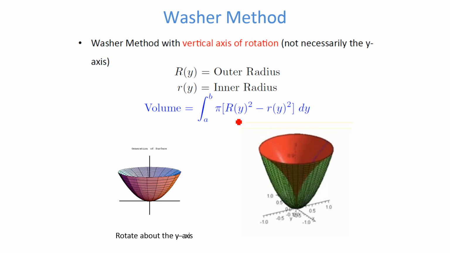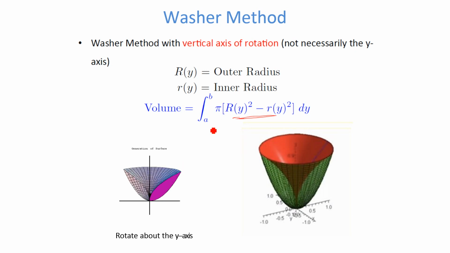In case of rotation about the y-axis, our radius is a function of y. So we have to find the greater radius and the lower radius, that is, the outer radius and the inner radius, and we will subtract the areas of the outer circle and the inner circle to have the area of one cross section.